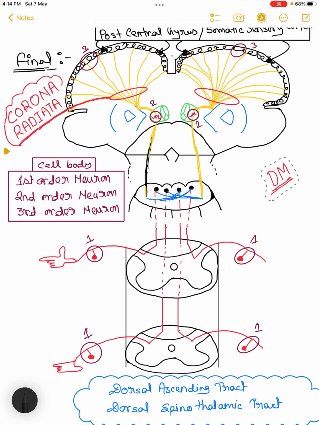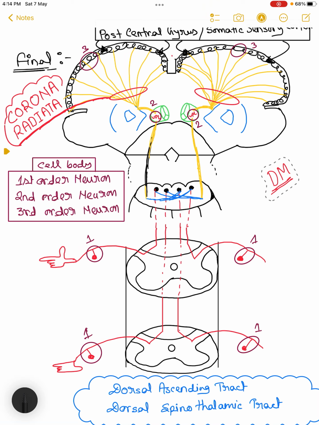So I wrote here the word DM. So what does DM mean? You know, direct message? No. So D is for what? Dorsal, and M for what? Medial lemniscus. It is important. When you say DM, it means a direct message, meaning it is fast.